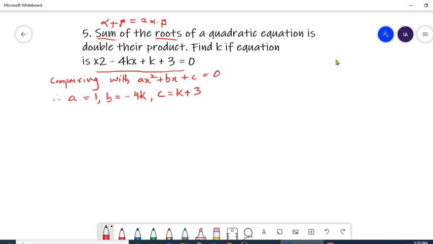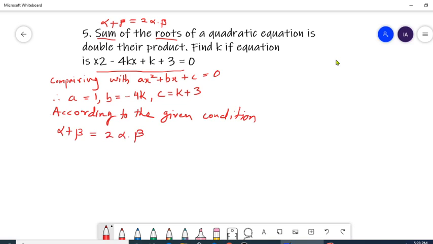So according to the given condition, alpha plus beta is equal to 2 times alpha into beta.